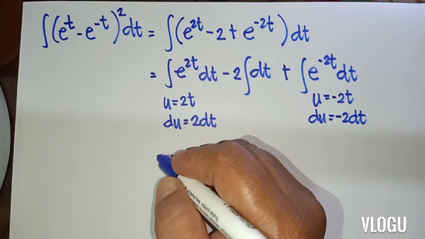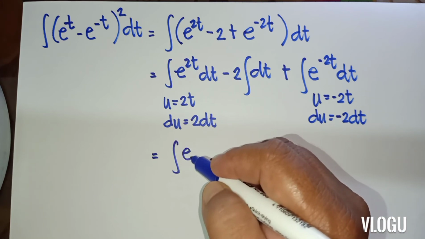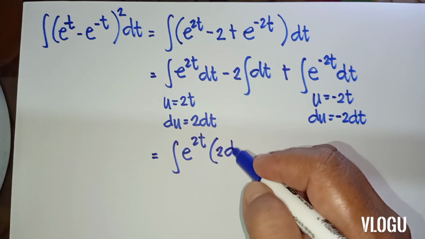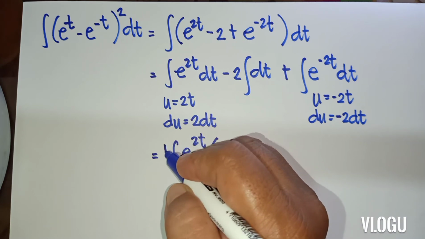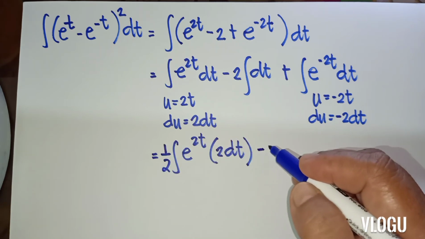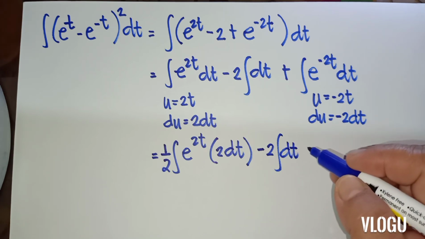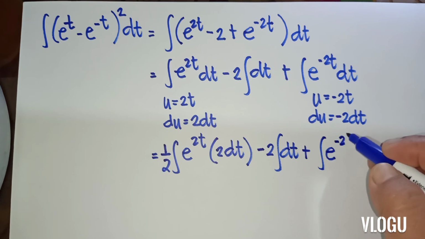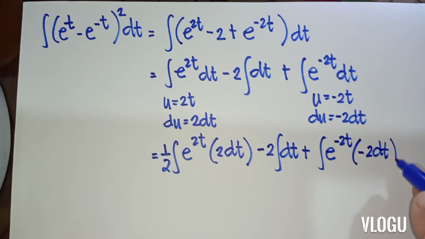So back to the form, you will have the integral of e to the 2t, du is 2 dt. Multiply by 2, so multiply by 1/2, minus 2 dt, plus the integral of e to the negative 2t, du is negative 2 dt.